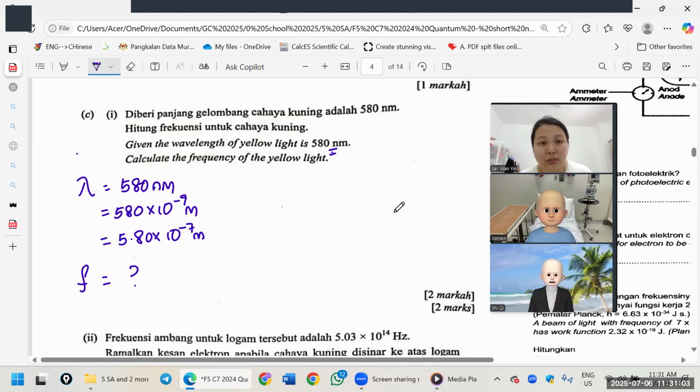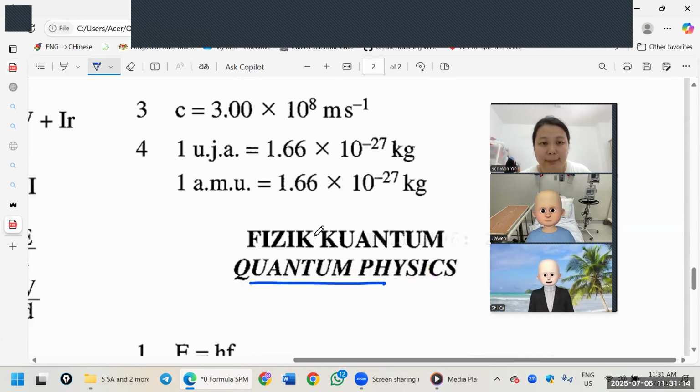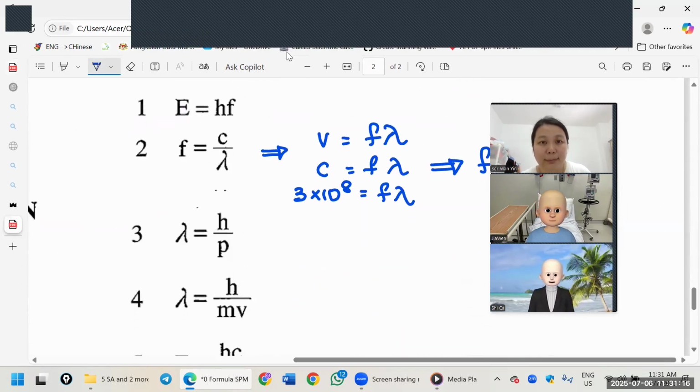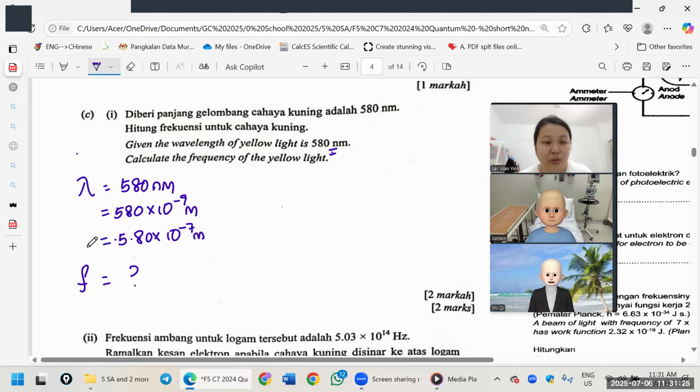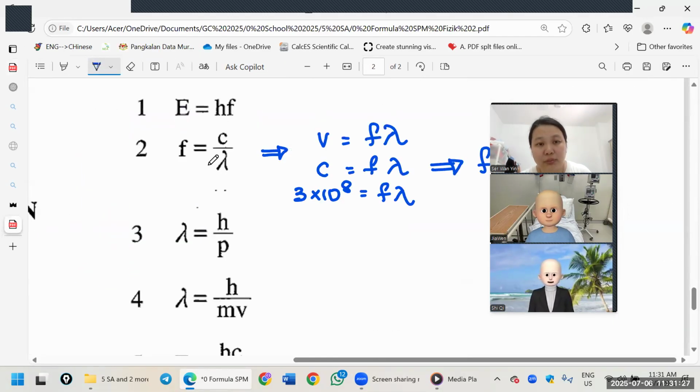So here got one hidden info. What is it? The speed of light, yeah, correct. Thank you.